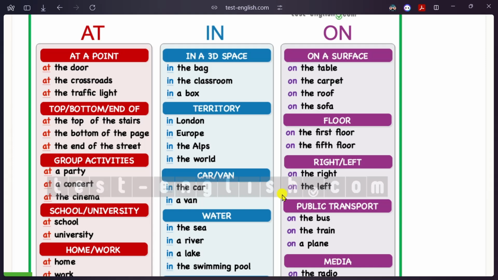In also refers to inside a certain space. So you see, in a 3D space. You know 3D, right? Did you learn this? 3D means three dimensions. One dimension is a line. And then a line with another line will create a 2D shape, like a square, for example.